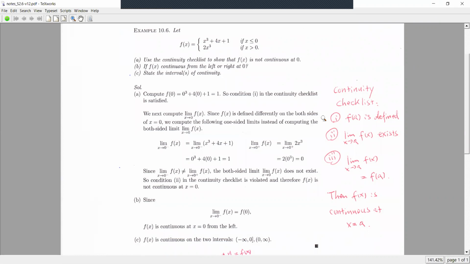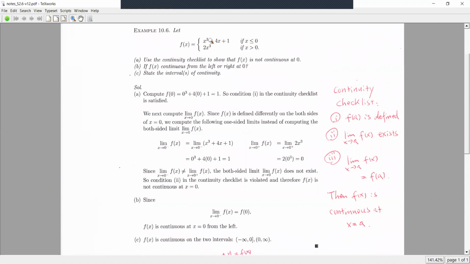Now, I want to see whether or not the function f is defined at 0. From the definition of the function, when x is less than or equal to 0, the function is this polynomial.